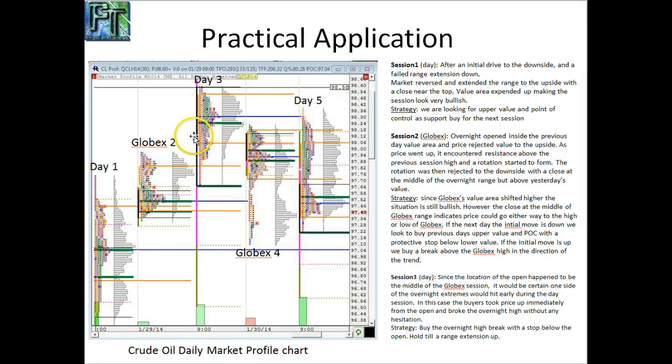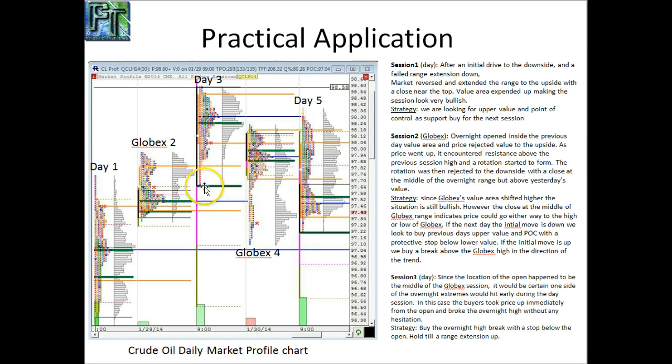However, the overall bias is bullish because even the value area of the overnight shifted higher. But because of price closing at the middle and inside the previous day's range, my assumption is that from this middle, price could go very easily, very early, to the upside of the overnight high or to the downside of the overnight low.